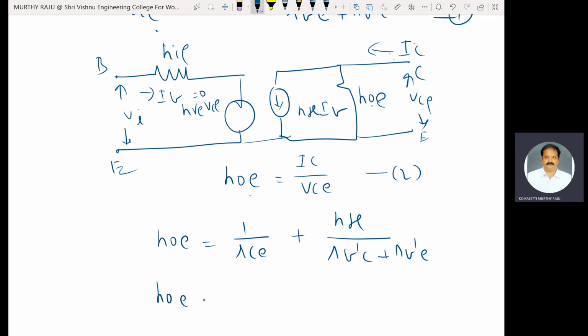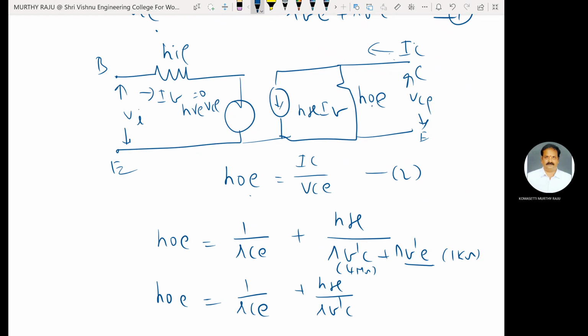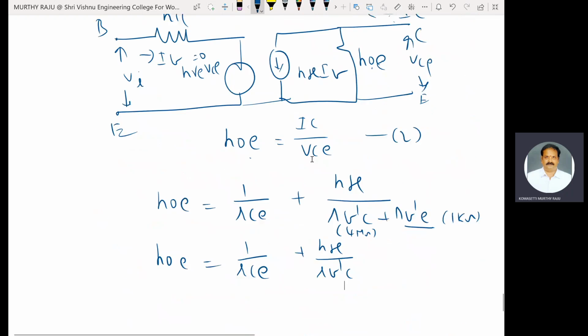HOE is equal to 1 by RCE plus HFE by RB'C, since RB'E is 1 kilo ohm and RB'C is 4 mega ohms, so 1 kilo ohm is neglected compared to this one. Next step is to calculate RCE.